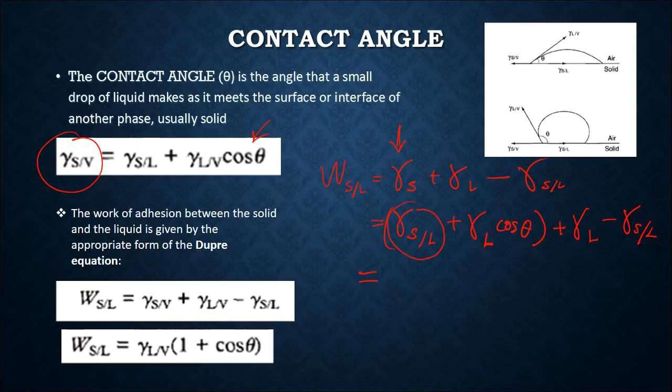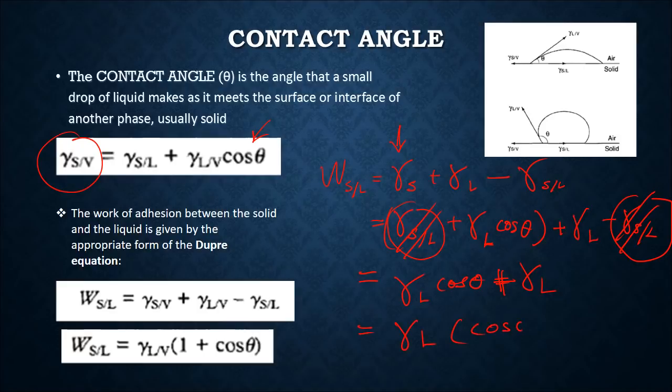The interfacial tension minus interfacial tension cross out. So you have the surface tension of the liquid cos theta plus the surface tension of the liquid, which equals the surface tension of the liquid times (cos theta plus 1). To make it look nicer, rearrange it as the surface tension of the liquid times (1 plus cos theta).